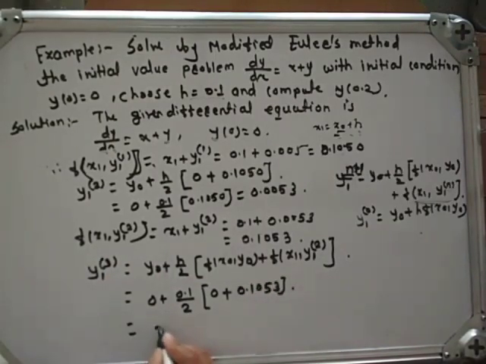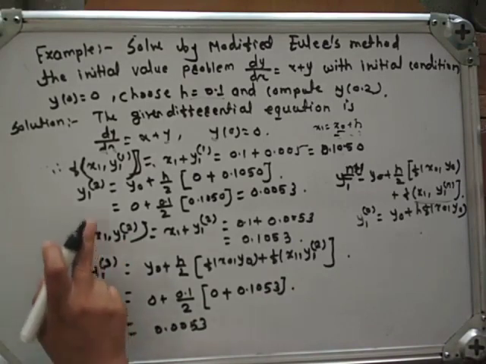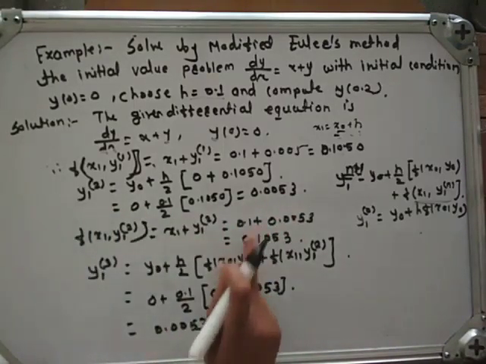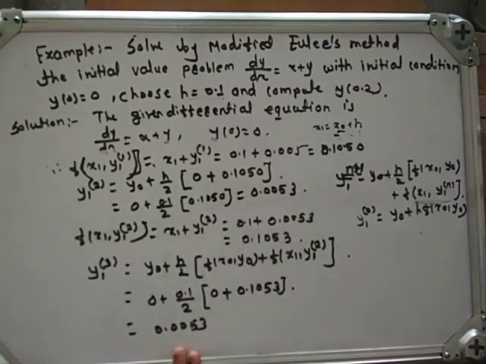This is equal to 0.0053. See here, y1 2 and y1 3 are the same. So this is the approximate value of y1. Therefore y1 is 0.0053.